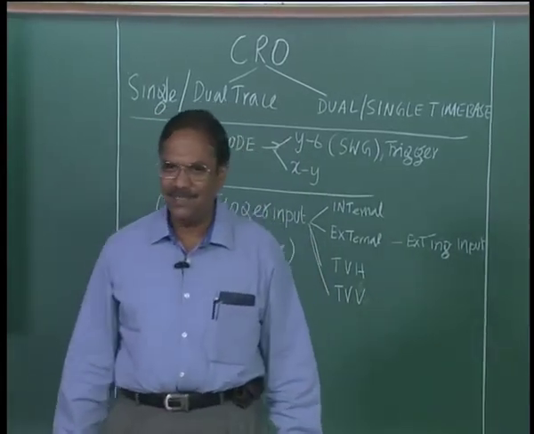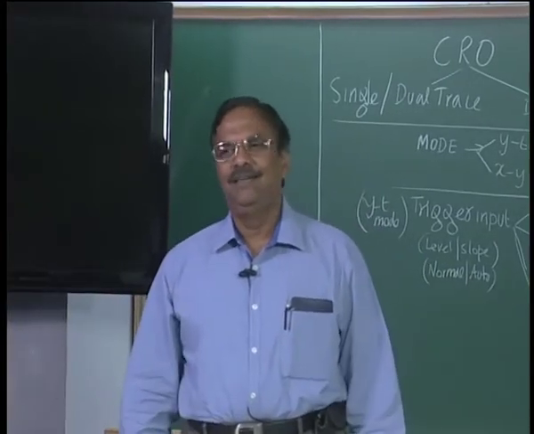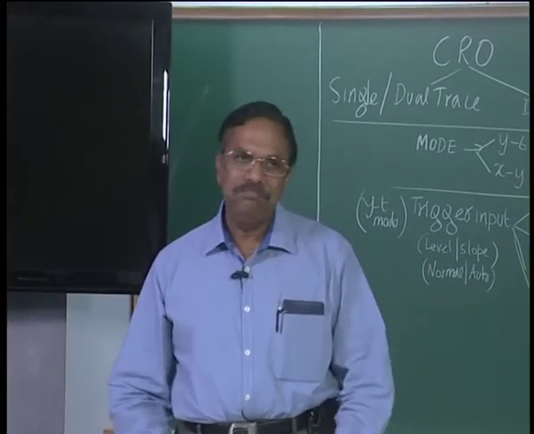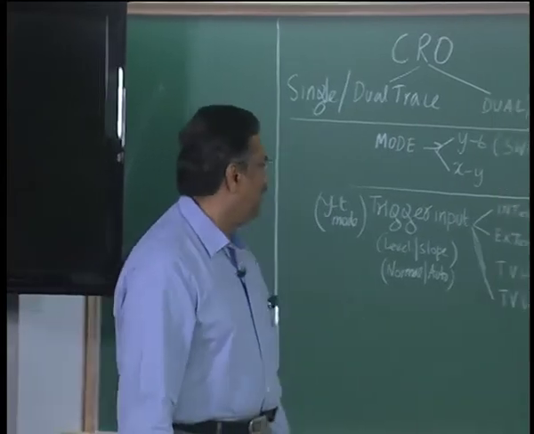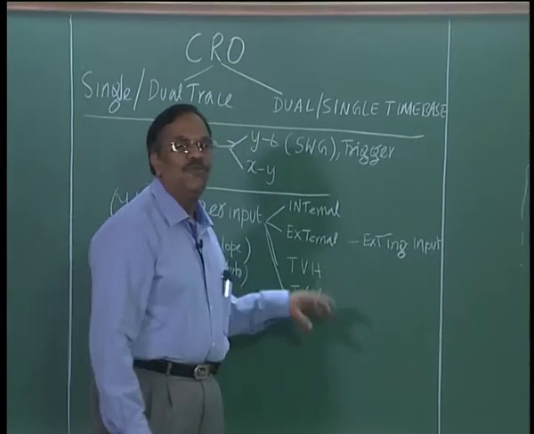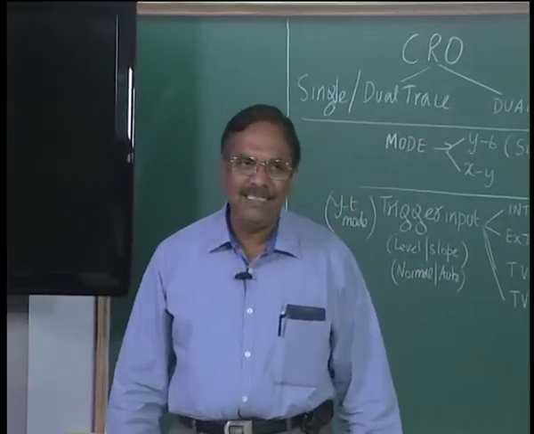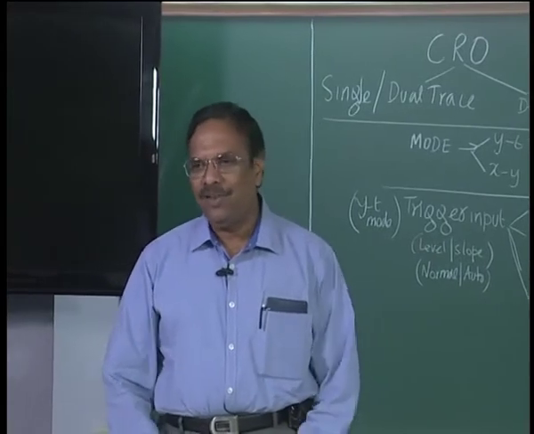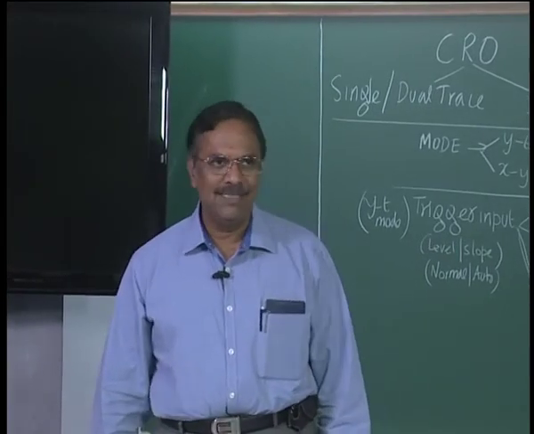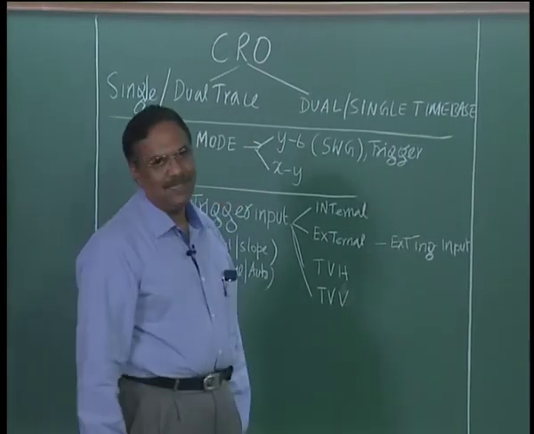In most countries the television is now completely going digital, right. So maybe in another few years we will not see an analog television at all, then these two modes will be absolutely useless, right. The TVH means television horizontal synchronization, and TVV is television vertical synchronization.